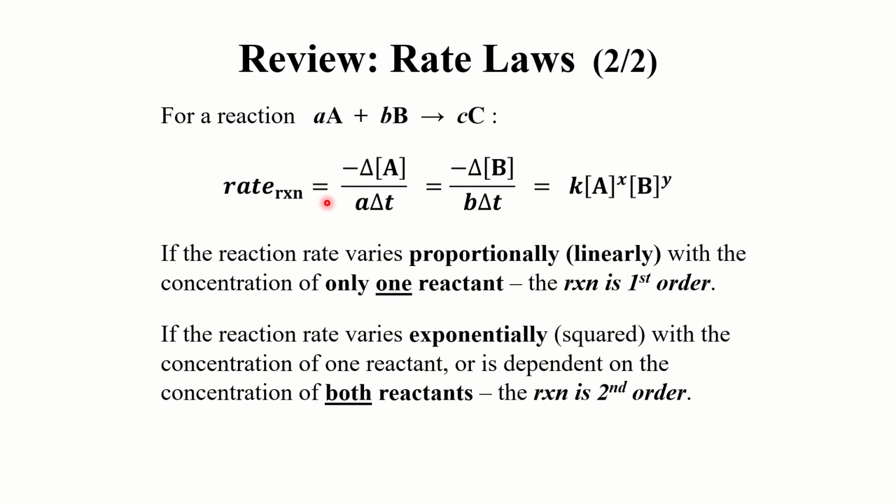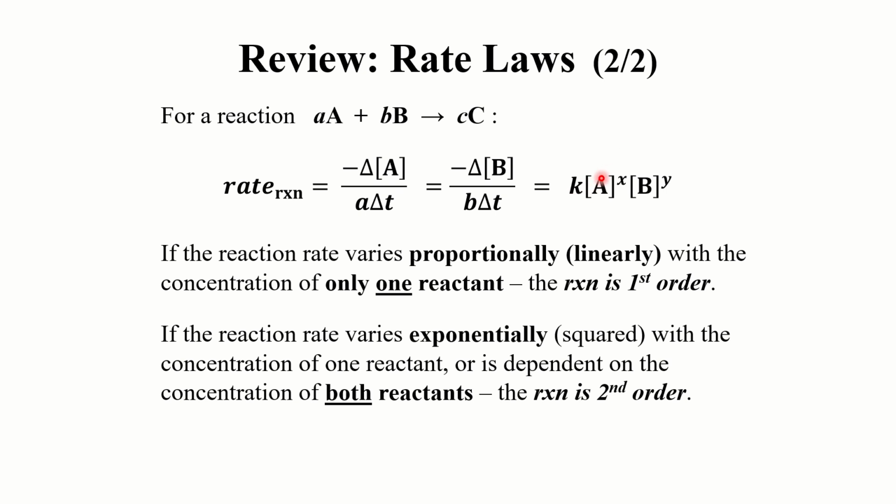So the overall order of the reaction can be found by essentially summing the reaction order of the reactants if there are multiple reactants. Then the second point is saying that if the reaction rate varies exponentially with the concentration of one or is dependent on the concentration of both. So this means that, for example, suppose A was second order and B was 0th order, that would satisfy this first statement here, where it varies exponentially with the concentration of one reactant.